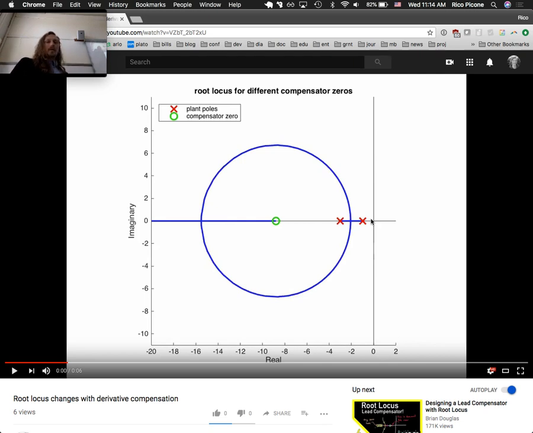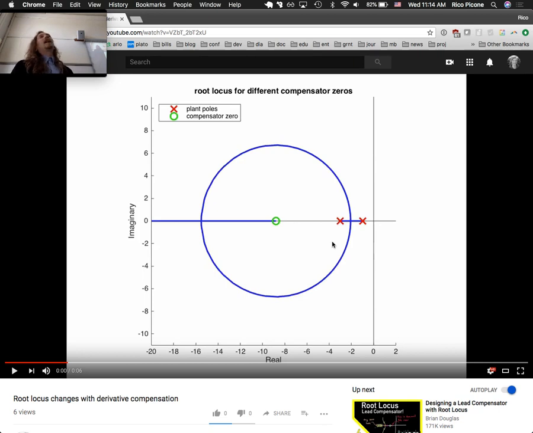So you can make your root locus intersect any point in the entire complex plane. It comes at a cost, though. There are some times when you would have to have really, really massive control effort to make that happen. But that's the idea, that you could do it in theory.